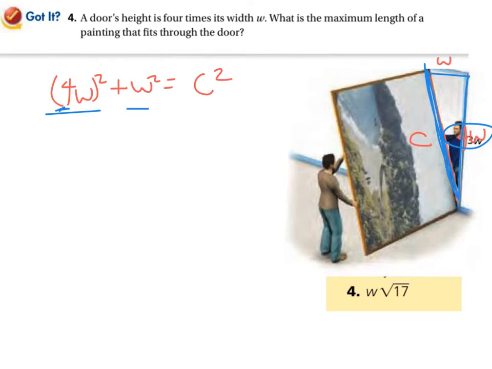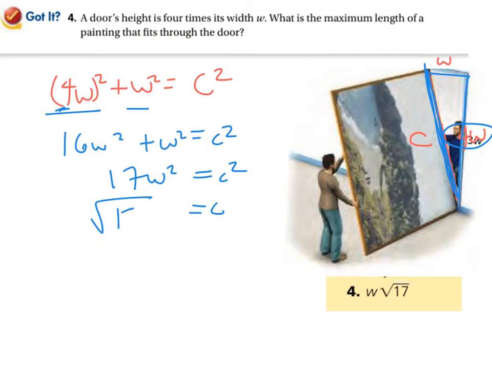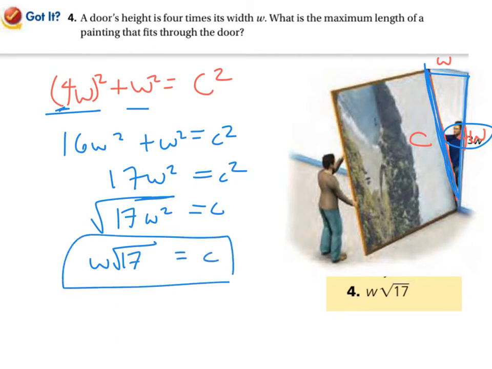So we end up with 16w squared plus w squared equals c squared. So that's 17w squared equals c squared. So c is then the square root of 17w squared. The w is only going to come out there as a perfect square because 17 is prime. So we're going to get w times the square root of 17 equals c. And that's a weird answer, but that's what it is.